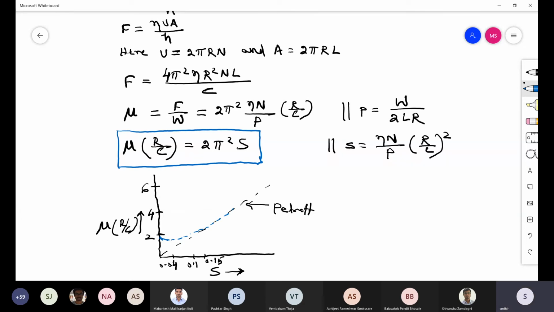This blue line is for the infinitely long journal bearing. Now you can see here, after a Sommerfeld number value of 0.15, the solution of Petrov matches with the infinitely long journal bearing.